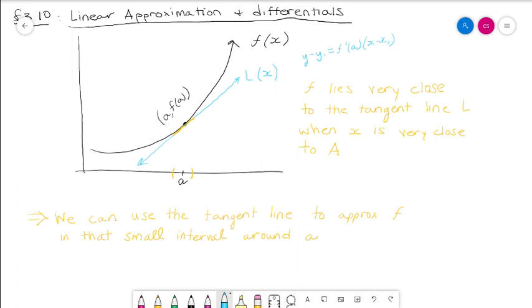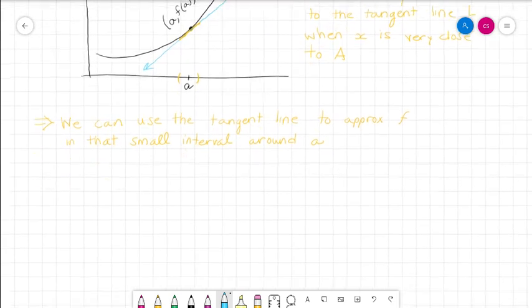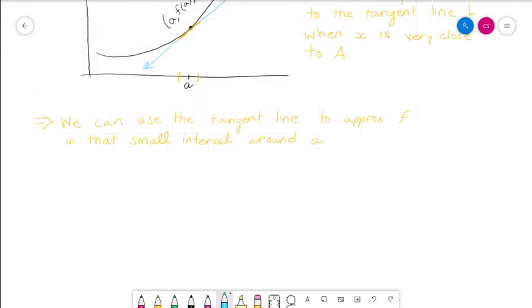Using this formula, x1 is going to be a, and y1 is going to be f of a. So writing the slope of the tangent line at a using derivatives, L of x is going to be equal to f of a plus the slope, the derivative, times x minus a. All right, so that's the equation of L.